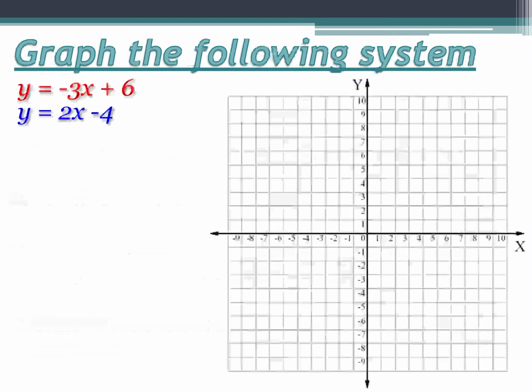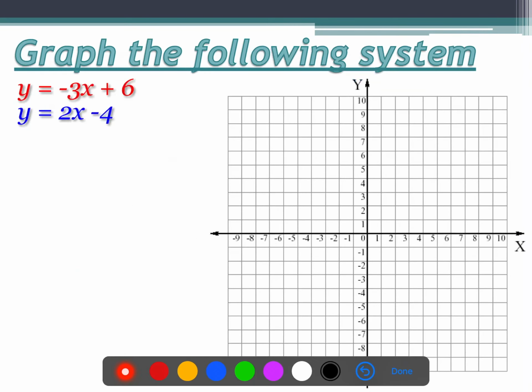All right, so our first example, we have our 2 equations, y equals negative 3x plus 6 and y equals 2x minus 4. Okay, we're going to graph each of those on the same coordinate plane, and I'm going to color code according to the equations. So my first equation, I'm going to begin at 6 and move down 3 and over 1.